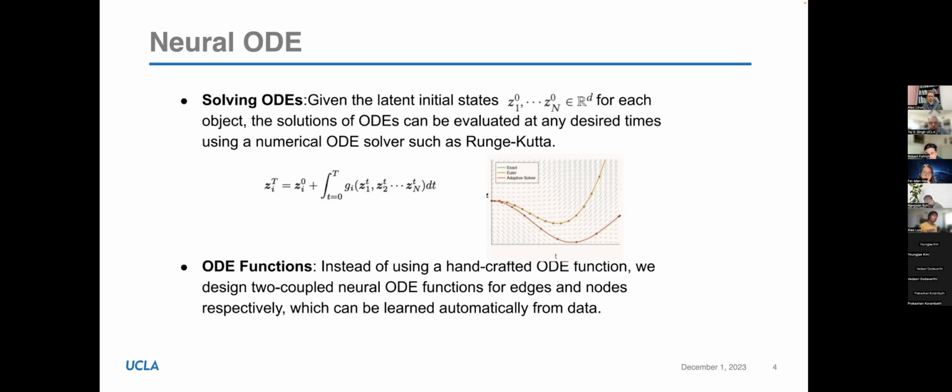And the second tool is neural ODE. I think maybe we have learned something about ODE. You can see this formulation. It's a basic ODE. Here the g defines the derivative of the node representation, and to turn an ODE into a neural ODE, we can use a neural network to model the derivative of every node representation.